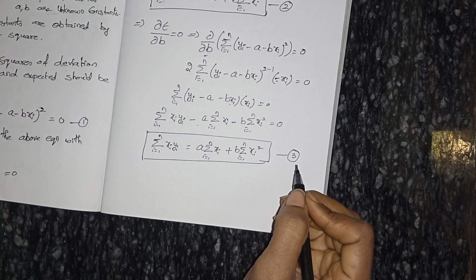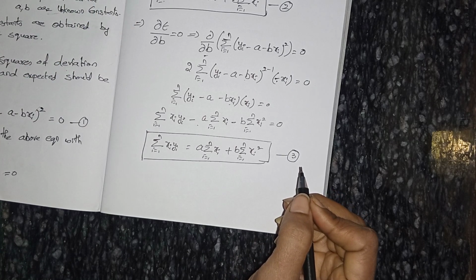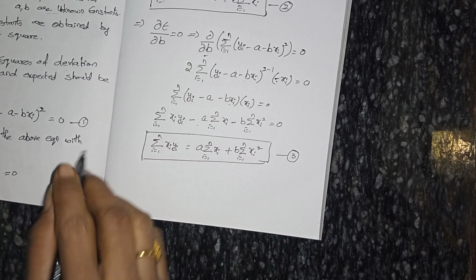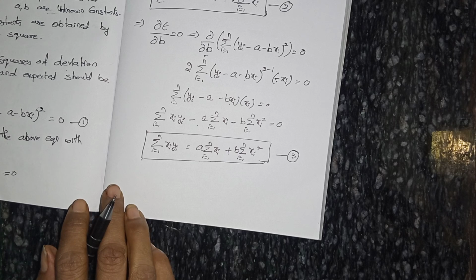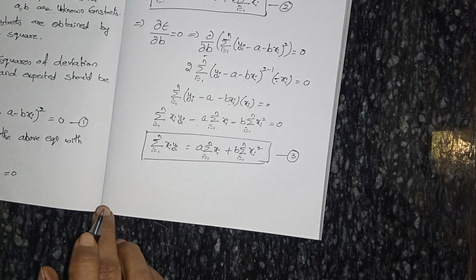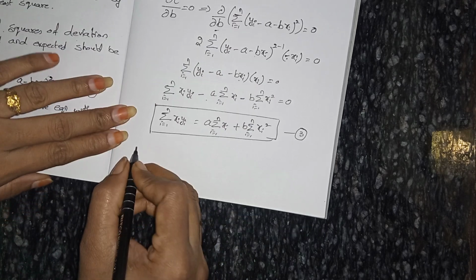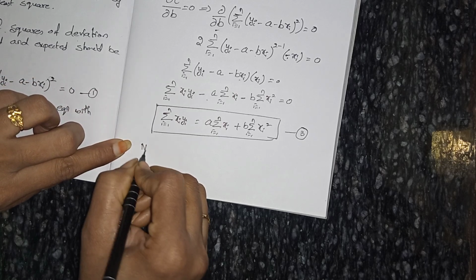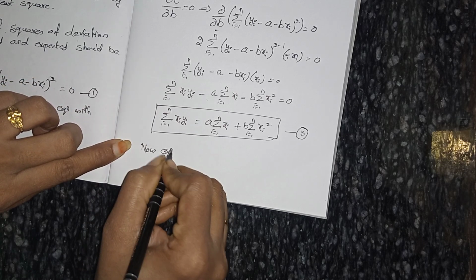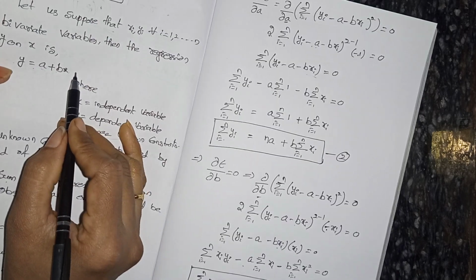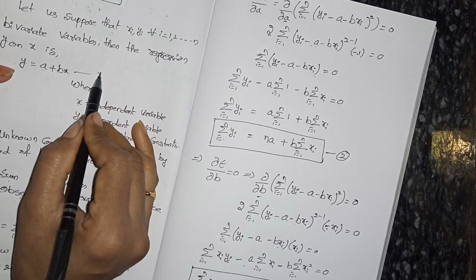Equation 3. So now what we have to do is, now we have to consider equation 1. Equation 1 is nothing but, you can consider this one or else this one. Or else here you can keep star.